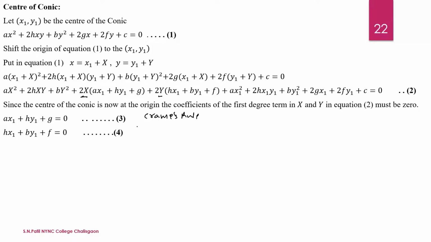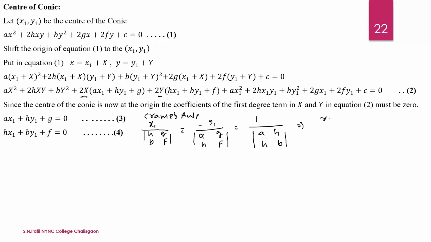Cramer's rule: x1 upon the determinant with the coefficient of y1 and the constant, that is h, b, g, f, equals minus y1 upon the determinant with the coefficient of x1 and the constant, a, h, g, f, equals 1 upon the determinant of the coefficients a, h, h, b.